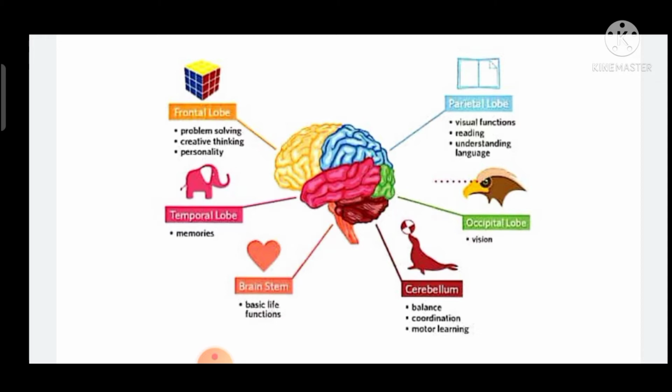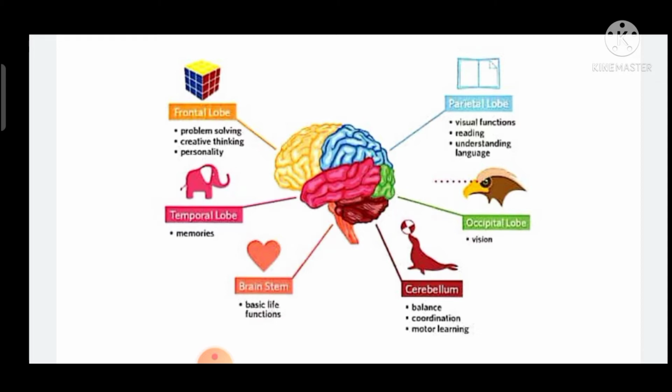Then this green colored part is called the occipital lobe, which is for vision. Now the blue colored one is called the parietal lobe. It is for visual functions, like reading. The brain plays a role in each and every activity done by the body.